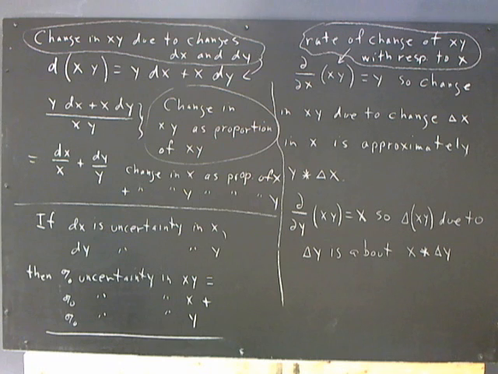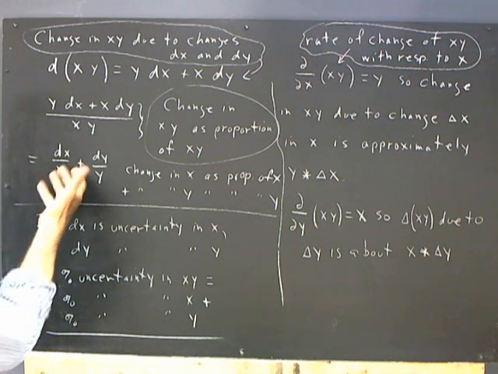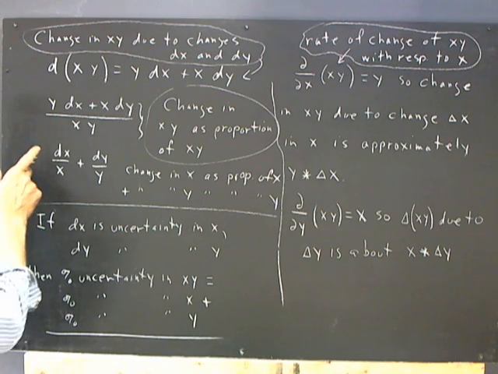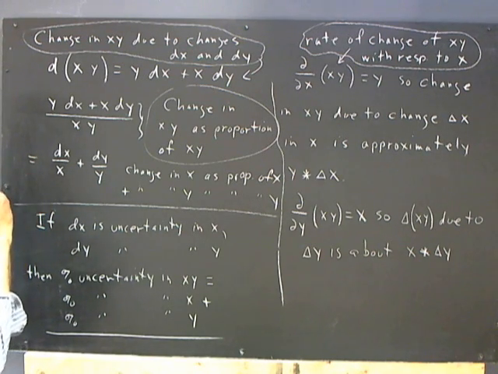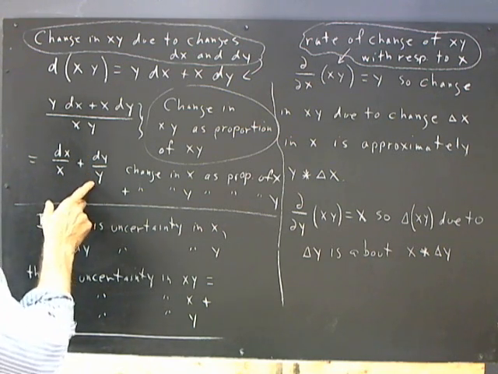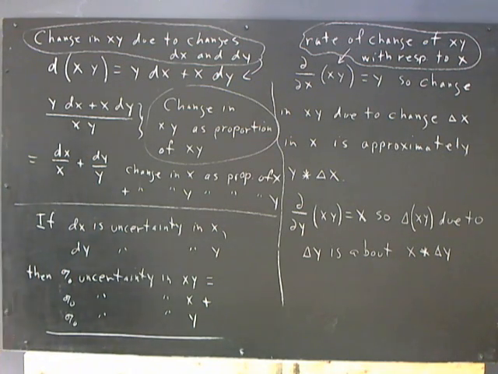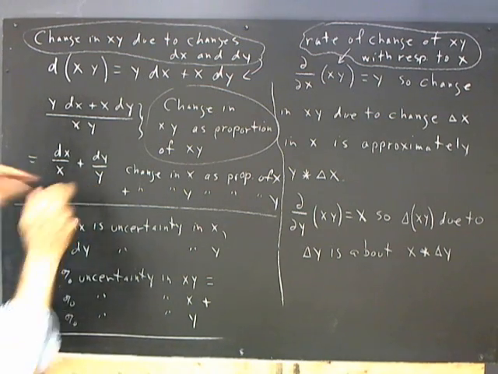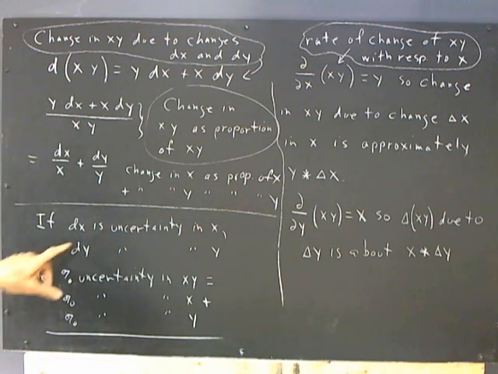Now, where does that get us? Well, if we were to multiply dx over x by 100%, we would have the change in x as a percent of x. And same thing with y. We could get the change in y as a percent of y. So that we can translate this to the statement we have here.